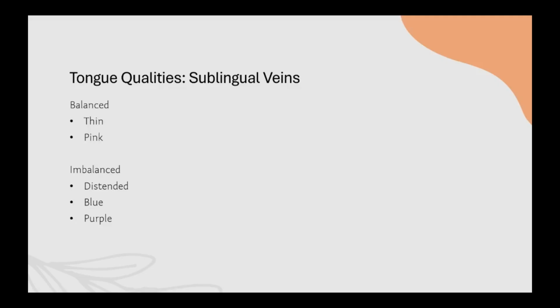And the veins in health will kind of blend in color and be pretty thin. You should be able to kind of see them, whereas if it's a swollen or flabby tongue, you may not be able to see the veins. So in health, you'll be able to see thin pink sublingual veins.